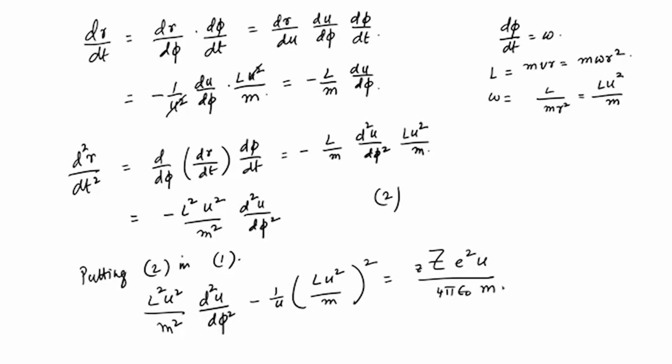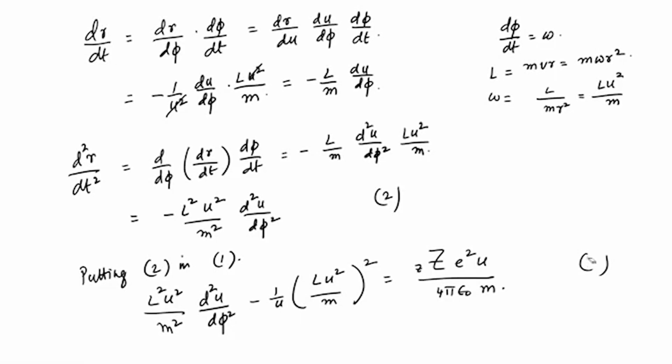Okay. So, that is the equation that we get. This is just the force balance equation. Now, we have put all the radial and the centripetal acceleration and their forms in terms of u, phi, L, etcetera. L is a constant of motion.